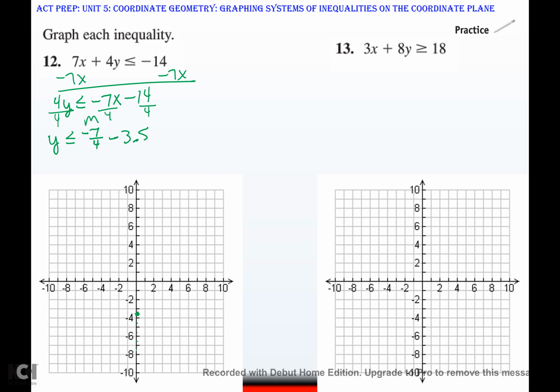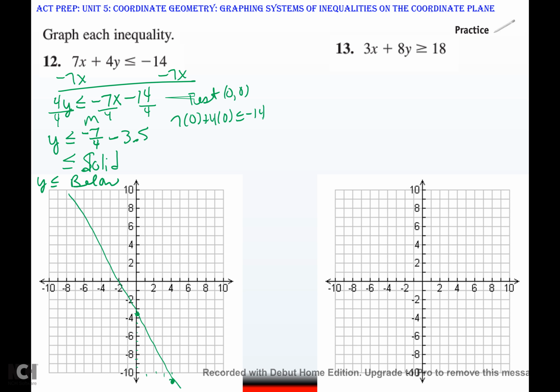1, 2, 3, 4, 5, 6, 7. 1, 2, 3, 4 is going to be about right there. Okay, the bar means I'm going to connect solid. And pointing at y means I'm going to shade below, but I should test 0, 0. 7 times 0 plus 4 times 0 less than or equal to negative 14.